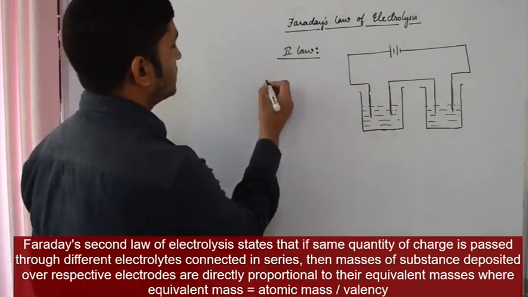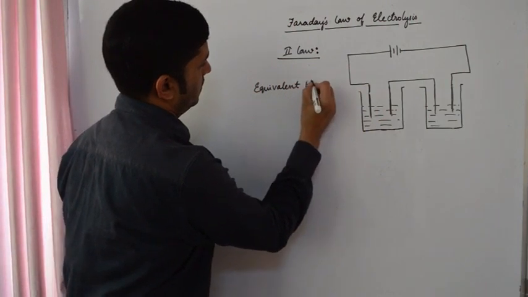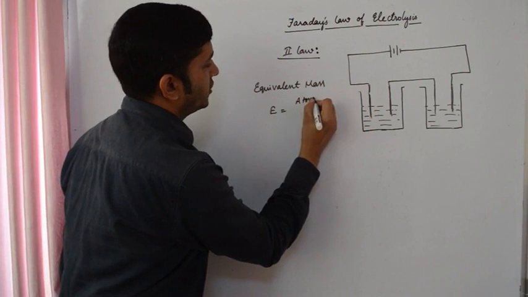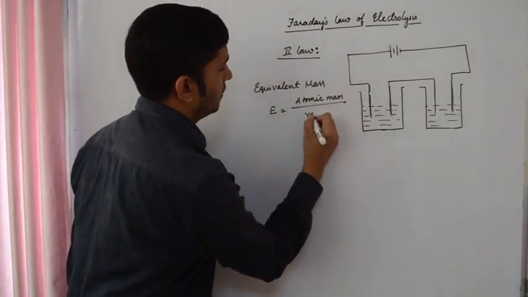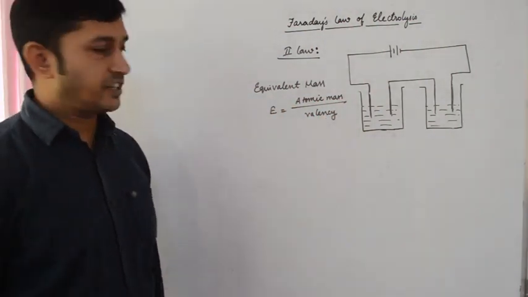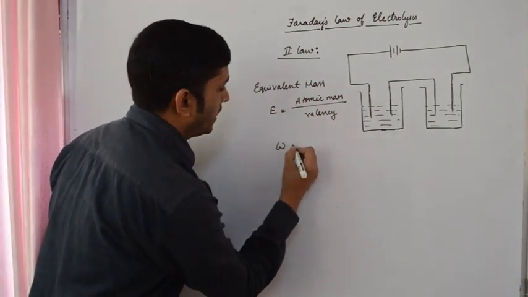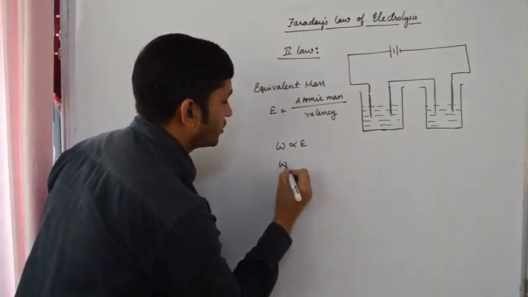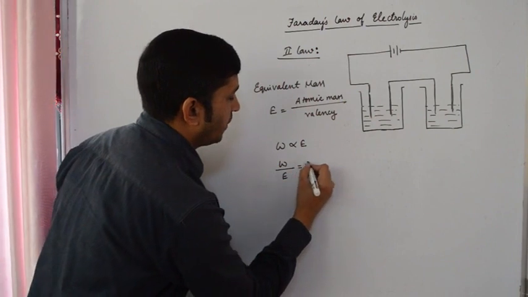Here the equivalent mass E is equal to the ratio of atomic mass and valency. So we can write that the mass of the substance deposited, W, is proportional to E, or that the ratio of the mass of substance deposited to the equivalent mass will be constant.